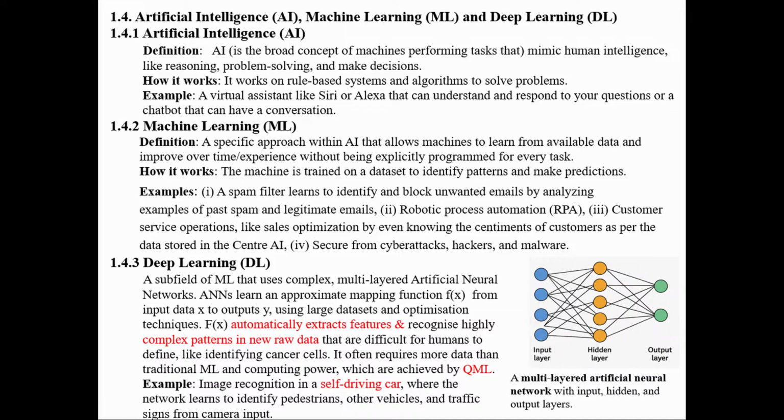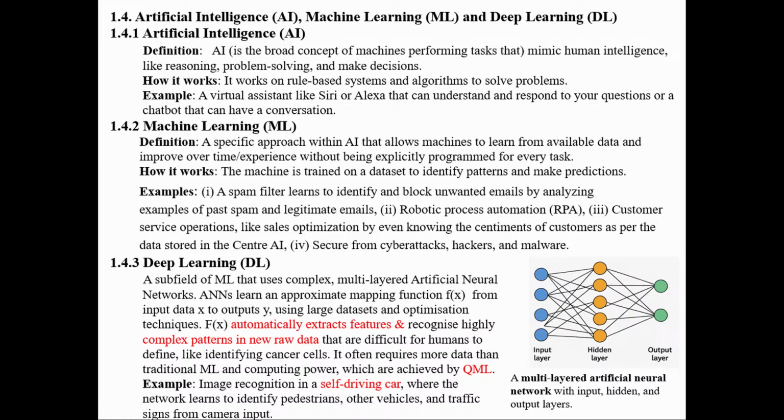A vegetarian person will not ask for non-veg. Those things are stored in the main central processor, the AI information. Accordingly, it will help the customer: Sir, jam is there, bread is there, milk is there. According to his habits, it can do that.